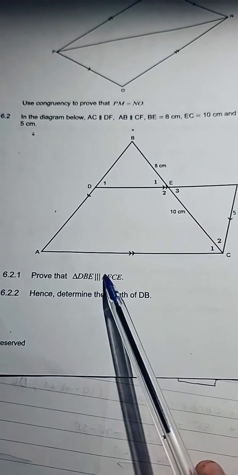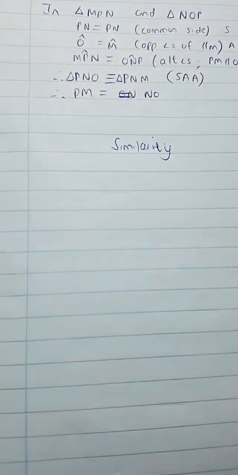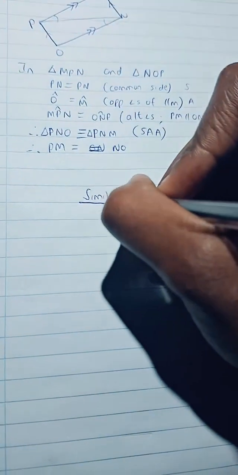This symbol here means similarity. It does not mean congruence. So I need to first explain a few things there. So let's come here. I want to talk about similarity. What is similarity?